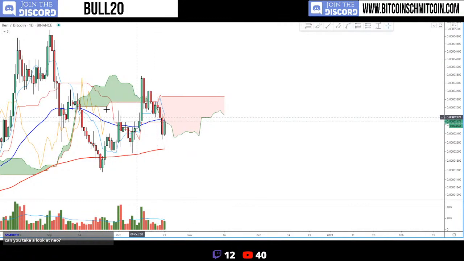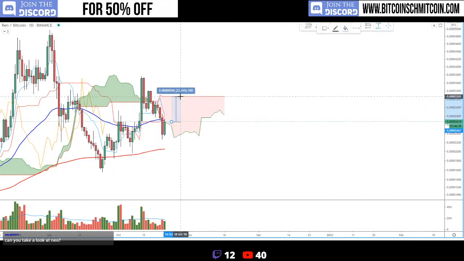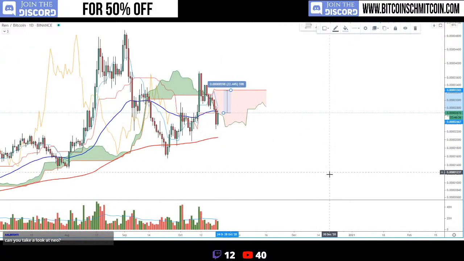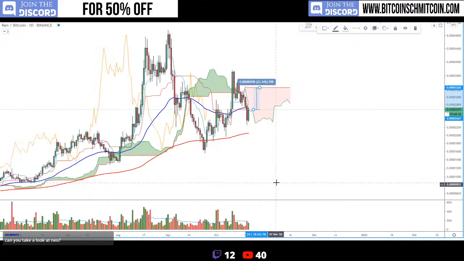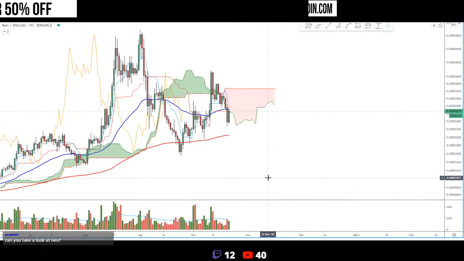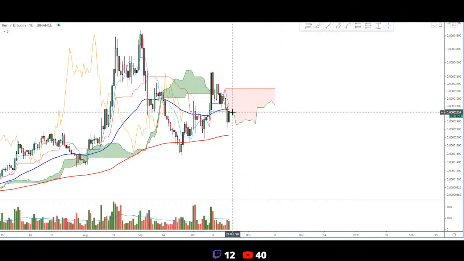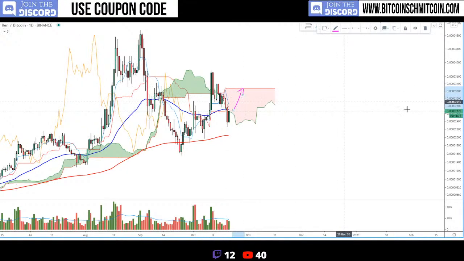If it closes inside the cloud, similar to Link, it'll have a setup where it could go up. That's a 22% move, which is not bad. But in terms of trend, this is not a quote unquote clean trend. But yeah, it doesn't look bad. I see a nice setup here if it closes inside the cloud, where I see an argument that it could go up here. Yeah, so it's not bad.